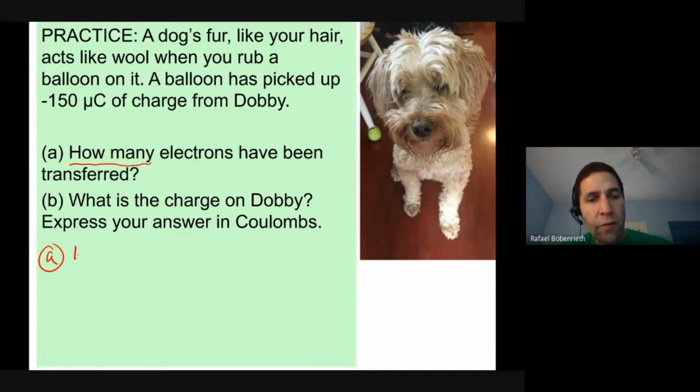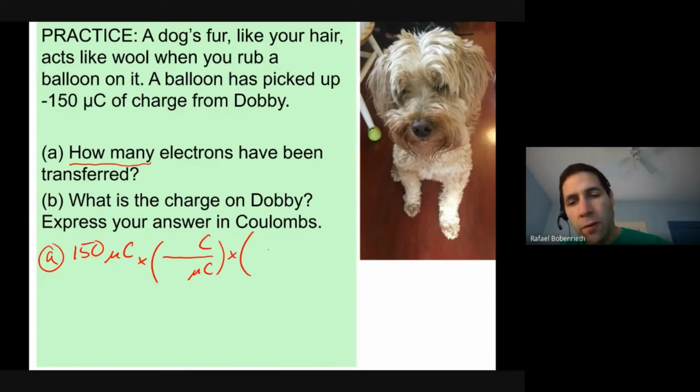So if I have 150 microcoulombs, and I have to get to electrons, I'm going to have to do two conversions here. I'm going to have to go from microcoulombs to coulombs, and from coulombs to electrons. Notice I've set up two conversions there.